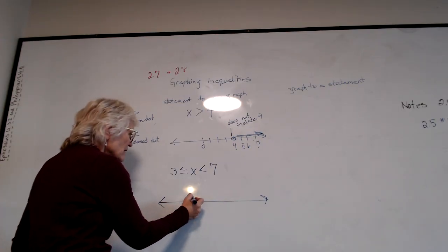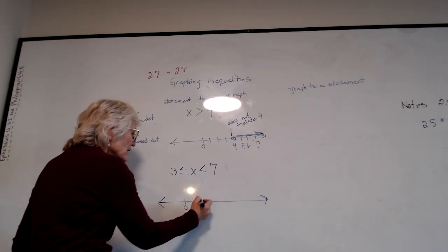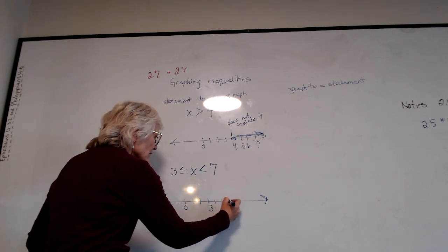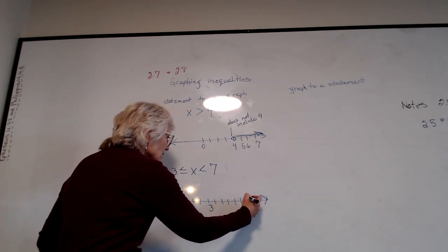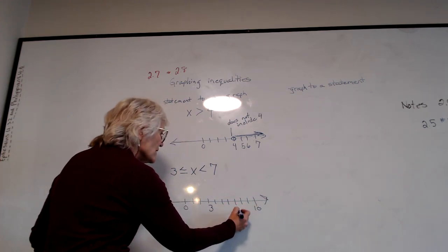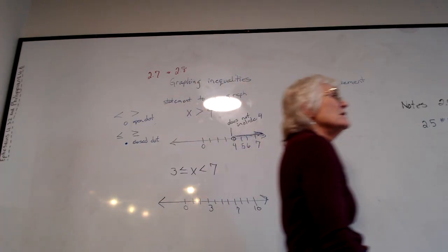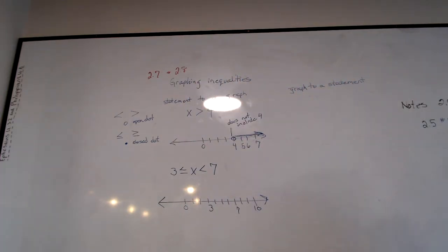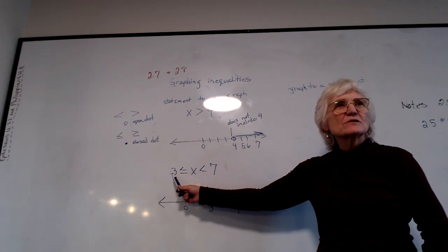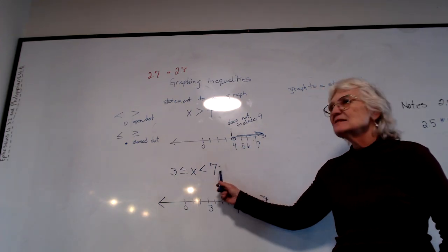So let's go, here's 0, 1, 2, 3, 4, 5, 6, 7, 8, 9, 10. I'm going to put 7 right here. Looking at that statement, what's a number that's greater than or equal to 3, but less than 7?